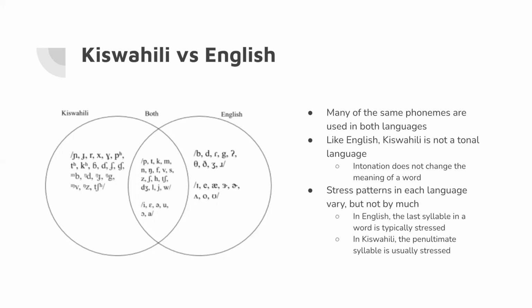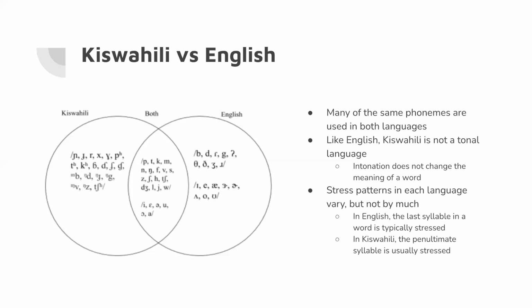But even though just by glancing at the Venn diagram, it may look like there are more consonants used in Kiswahili, most of the consonants that are used in Kiswahili but not used in English are just allophonic variations of the consonants used in both languages.